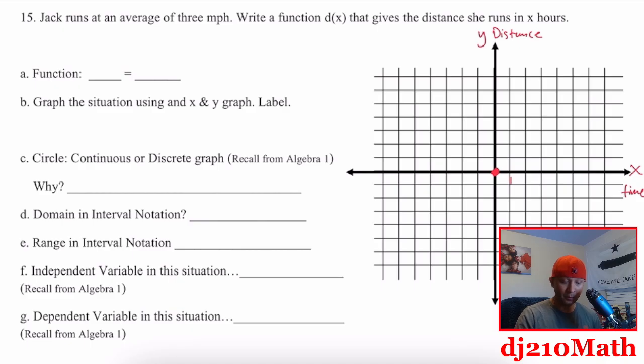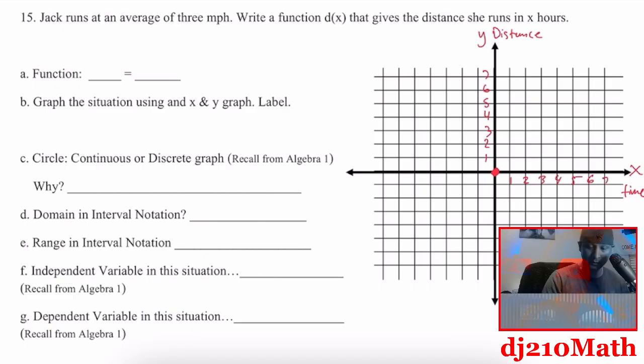However you're going to label this, you could label these 1s, 3s by 3s. It's really up to you. I mean, technically, let's just do 1 and see what happens. So we have 1, 2, 3, 4, 5, 6, 7.